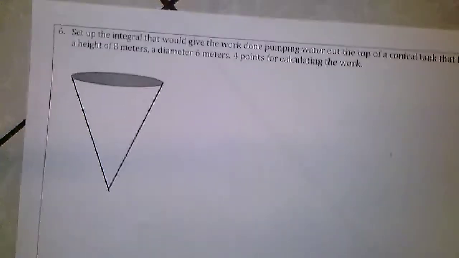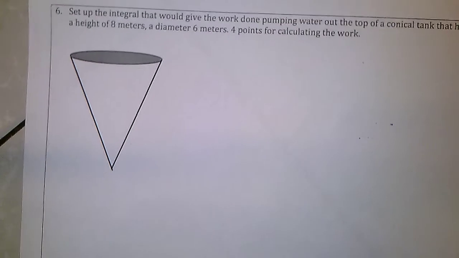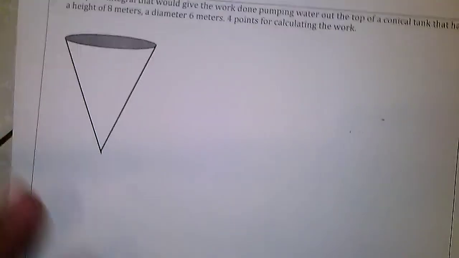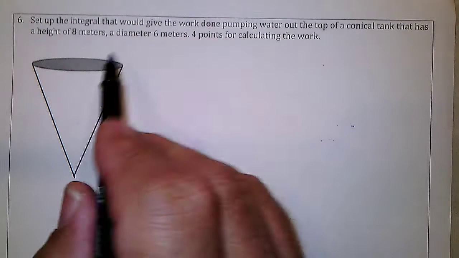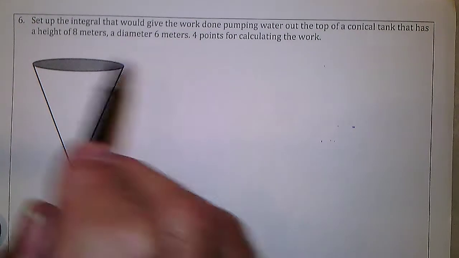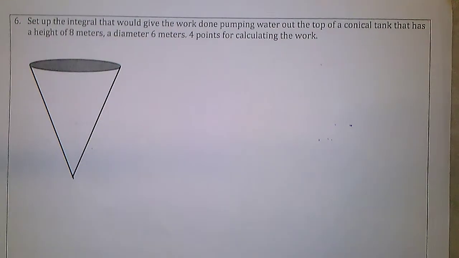Okay, the final problem. This says, I'll put something underneath it here so it's a little easier to write. We're going to pump the water out of this. And I can put the axis at the top or at the bottom, doesn't matter.